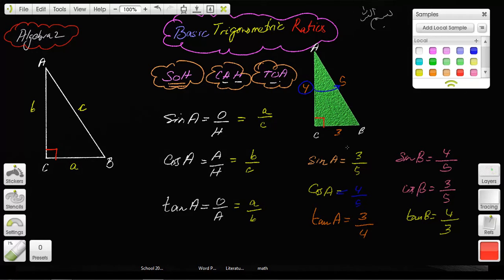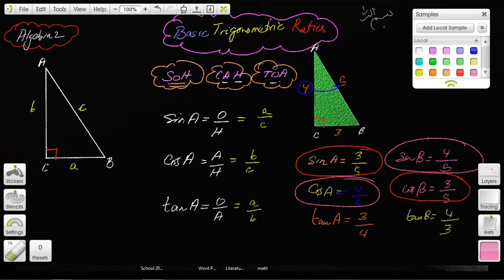Now, if you just observe these for a moment, what do you recognize? Look at this. Sine of A is 3 over 5, whereas cosine of B is 3 over 5. And then cosine of A is 4 over 5, and sine of B is 4 over 5.